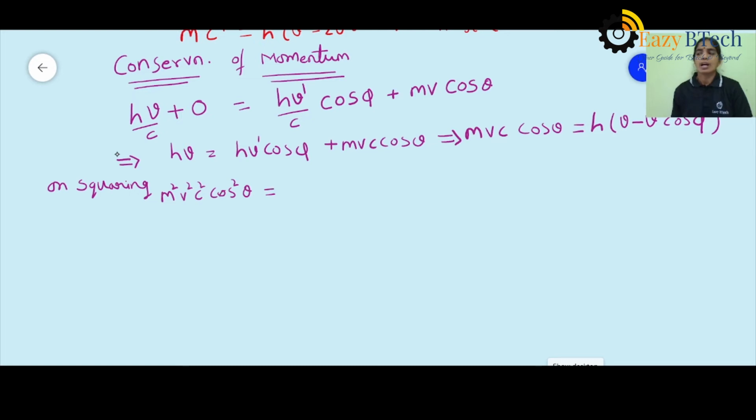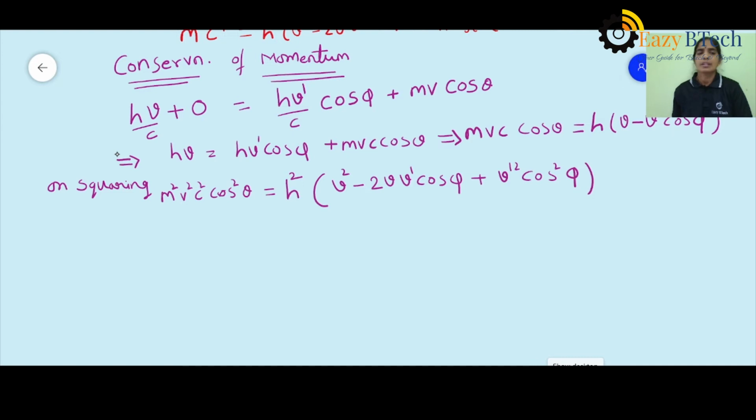And on the RHS, we have h square into mu square minus 2 mu mu prime cos phi plus mu prime square cos square phi.